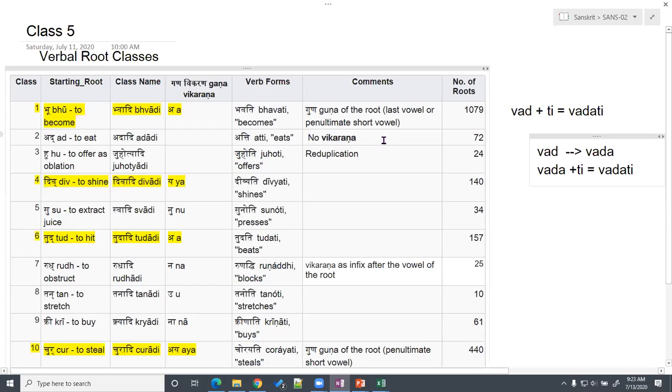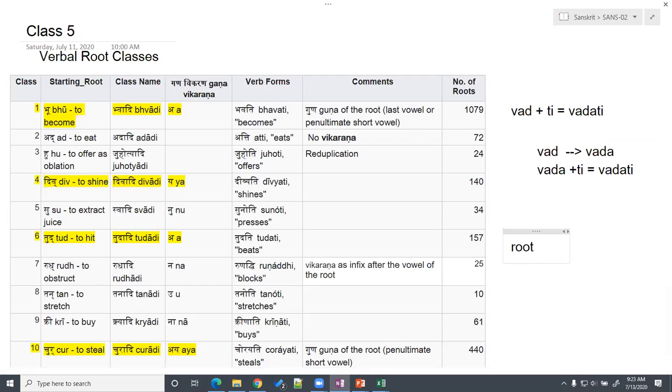So the root changes into the stem, and stem changes into the final form, vadati. So whenever you have root giving rise to stem, and then stem giving rise to final form.